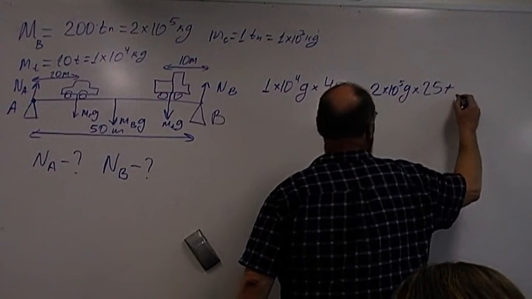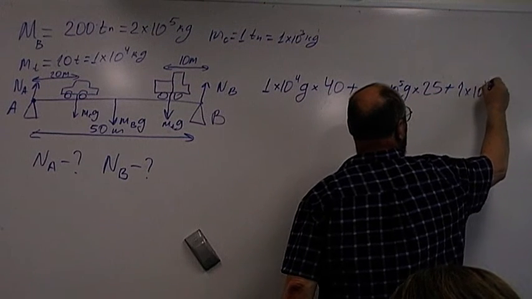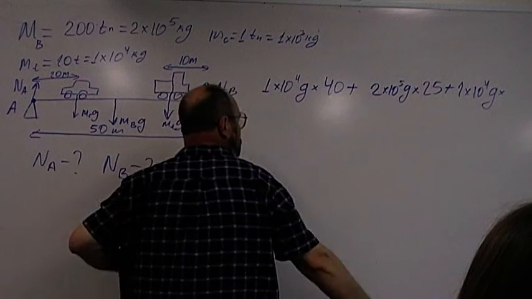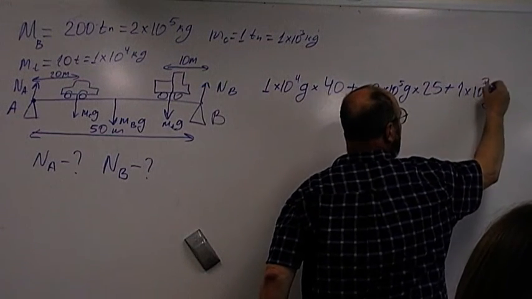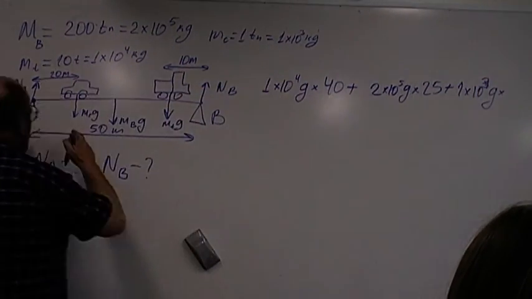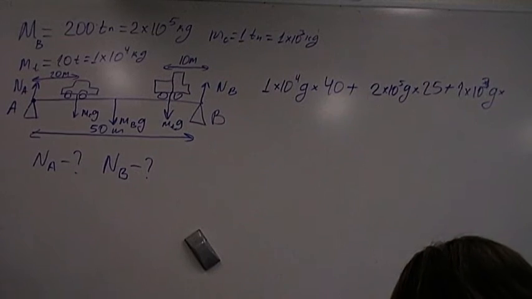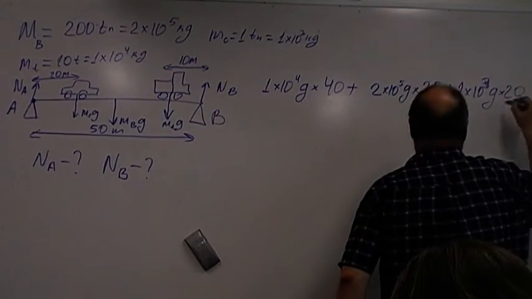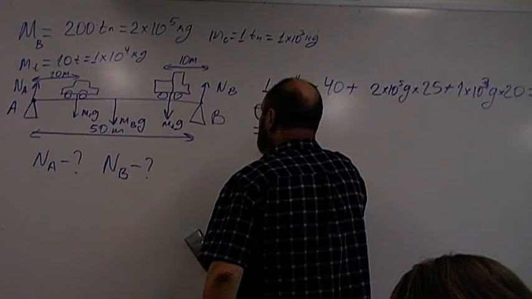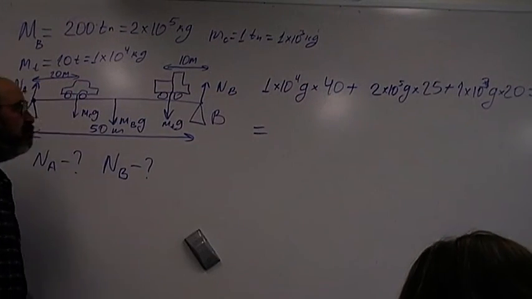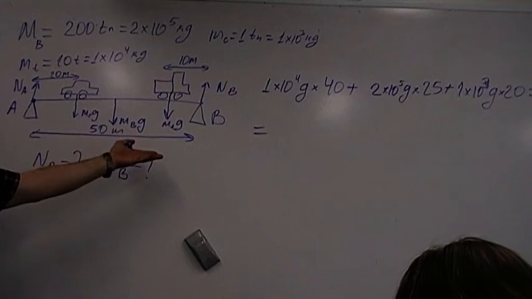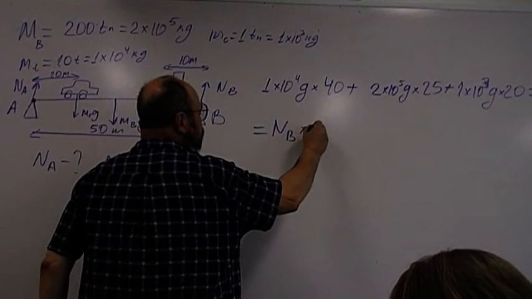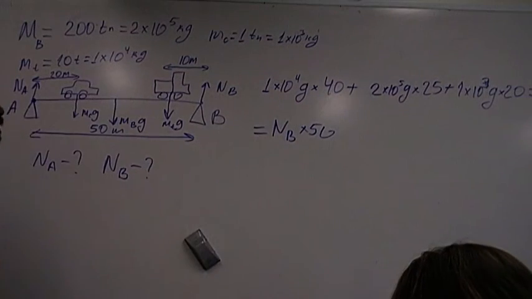Plus the car, we have 1 times 10 to the power of 3 G times the lever arm for the car, which is 20 meters. And that's equal to the torque rotating anti-clockwise, so N_B times 50. This distance is 50.